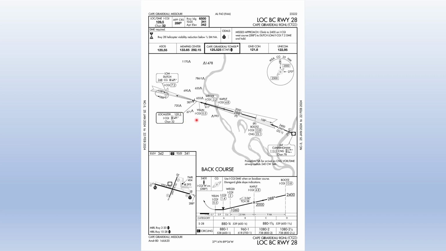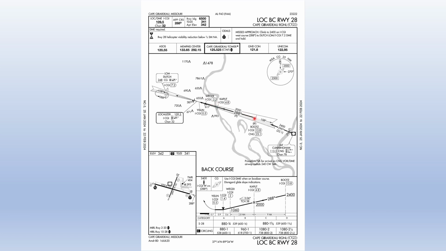We talked about that already. We've got the course information here and the distances on each segment of the approach. We have several intersections that tell us a few different things that we'll look at in the plan view. We've got Kaput intersection, which is our final approach fix at 4.8 DME from Cape Girardeau. We have Wedgie intersection, which is a step down point that we need to make sure that we're at or above.